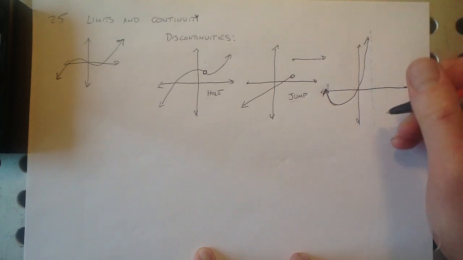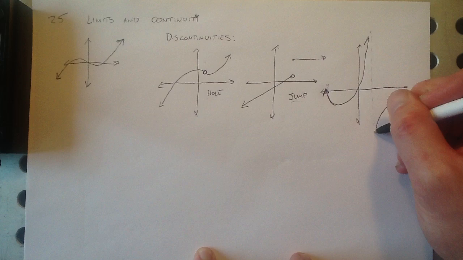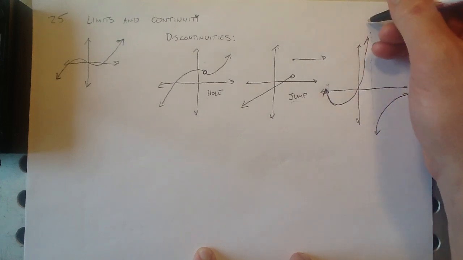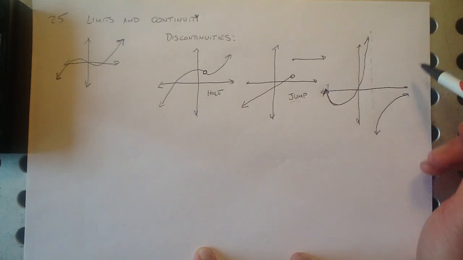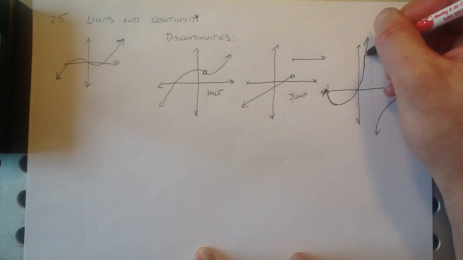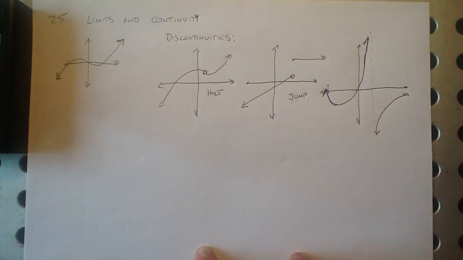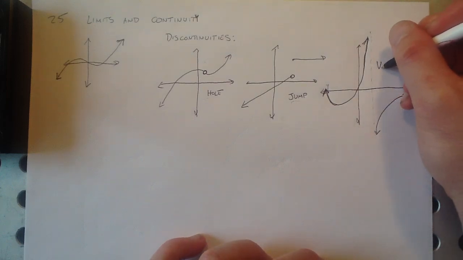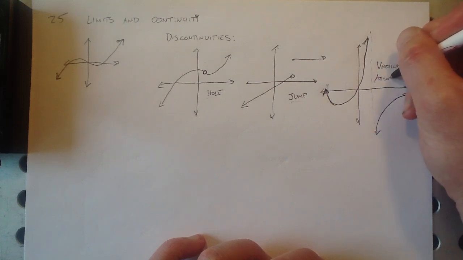So you're shooting up to infinity, and whether or not they're both going up to infinity, it's going to be a pretty serious problem in the function if you wanted to repair it. So say vertical asymptote.